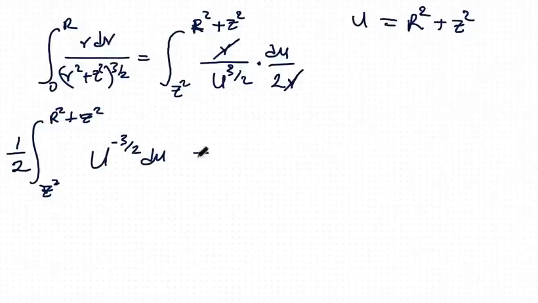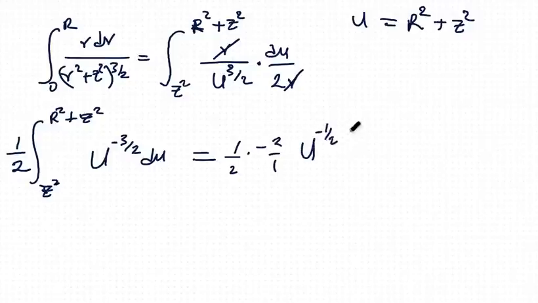If we integrate this expression, we have 1 over 2 multiplied by negative 2 u to the power negative half, with the limits z squared and R squared plus z squared.